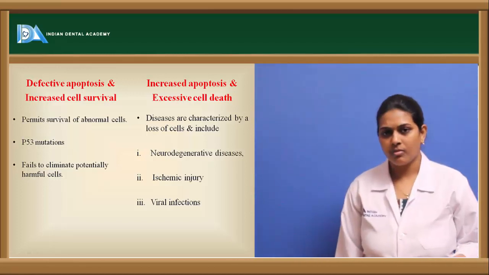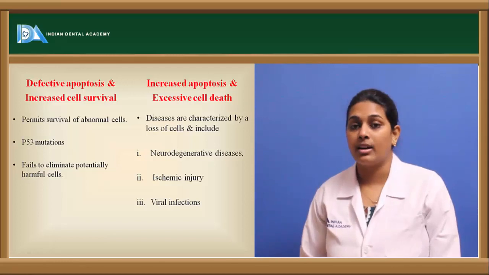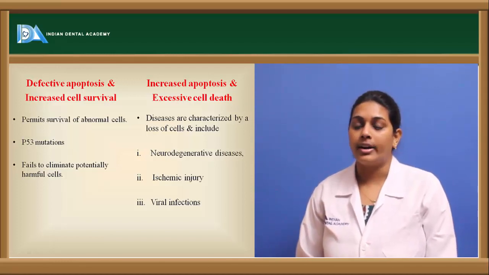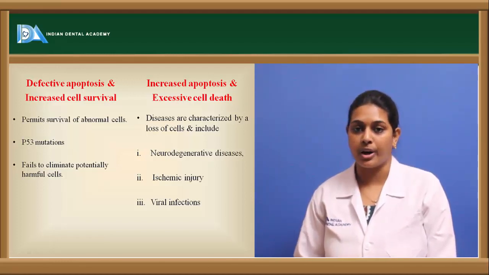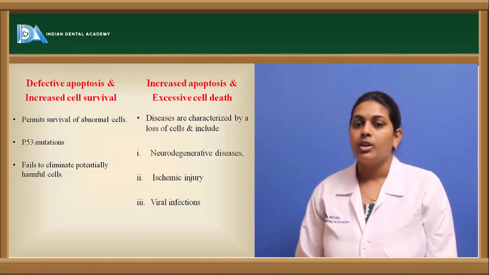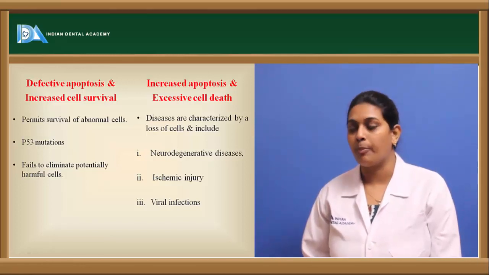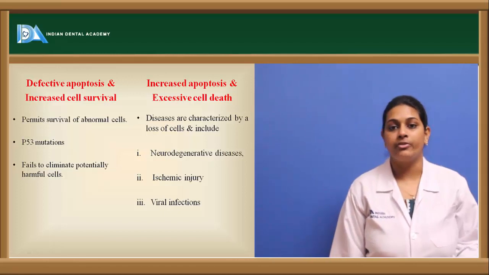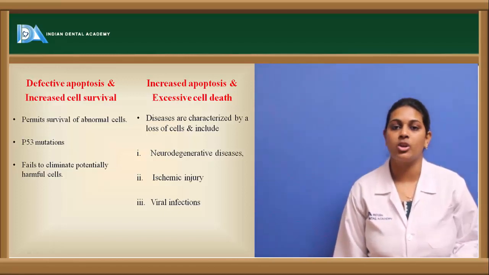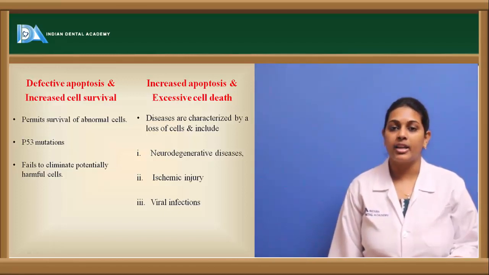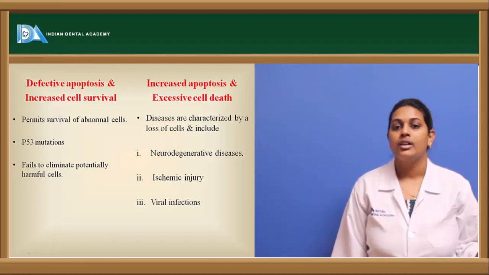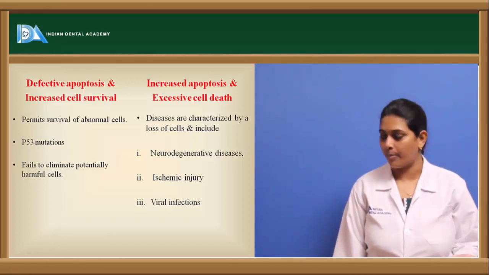That is when the tissue lacks oxygen supply or has decreased blood flow because of an obstruction in the arterial system, those cells are exposed to apoptosis. If this ischemic injury is not restored to normal, an increased number of cells will undergo cell death. Ultimately there will be increased apoptosis.